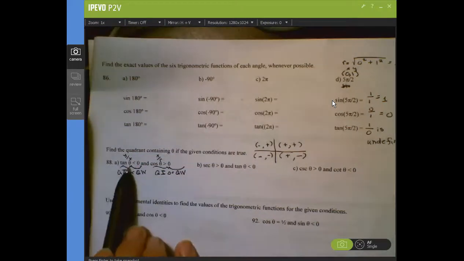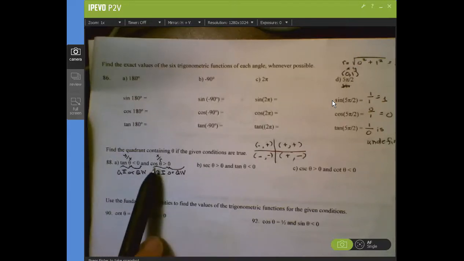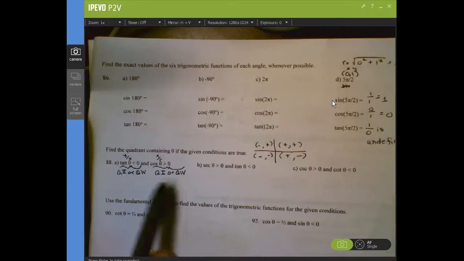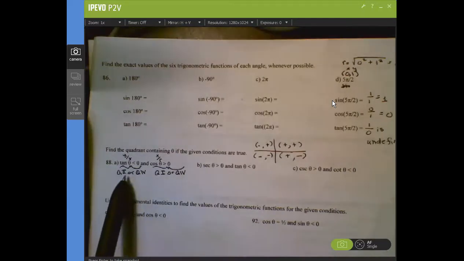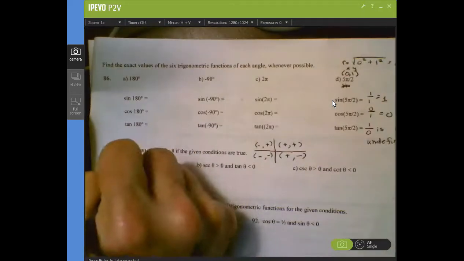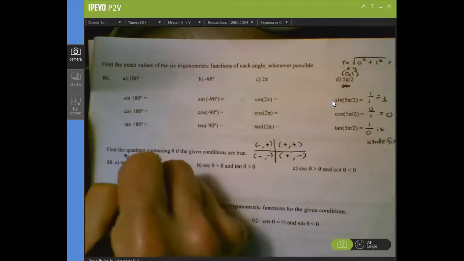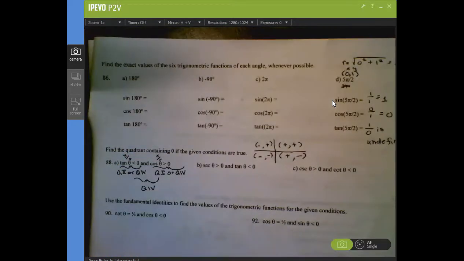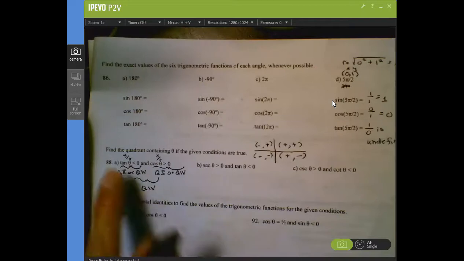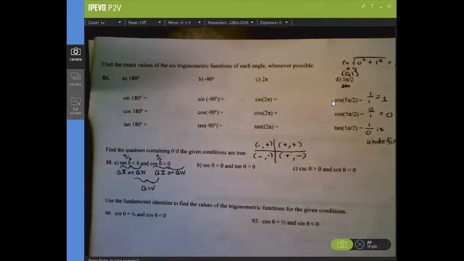So if tangent is negative in the second and fourth quadrant, and cosine is positive in the first and fourth quadrant, what single quadrant satisfies both conditions? The quadrant that satisfies both of those conditions is quadrant 4. That's the only quadrant where tangent is negative and cosine is positive.